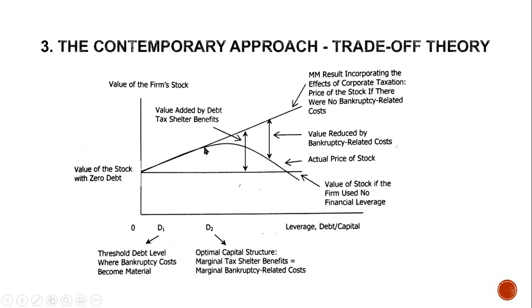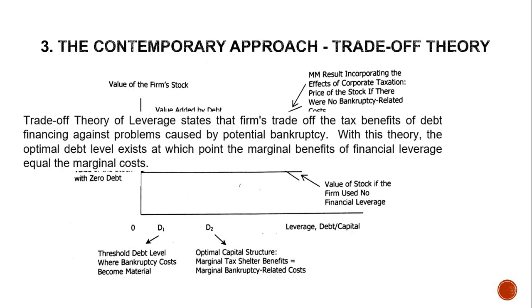In excess of that, considering again bankruptcy related cost, umihinay na decrease ang market value of the firm. So that's the contemporary approach, trade-off theory. So trade-off theory of leverage states that firms trade off the tax benefit of debt financing against problems caused by potential bankruptcy.